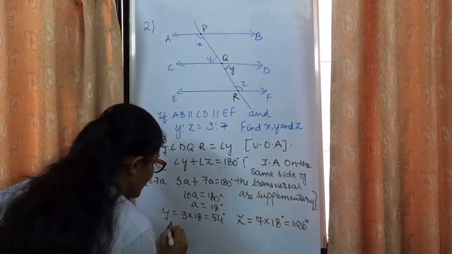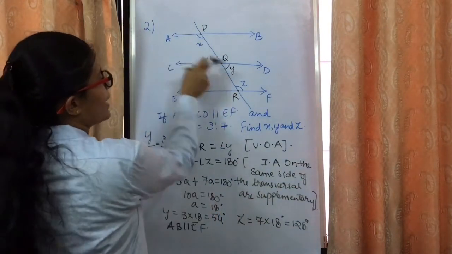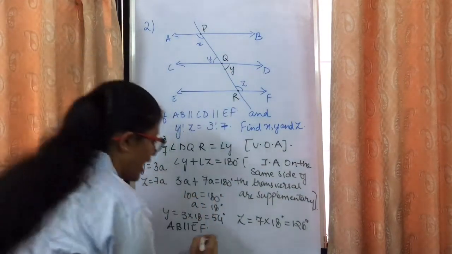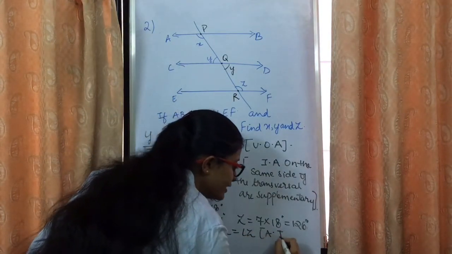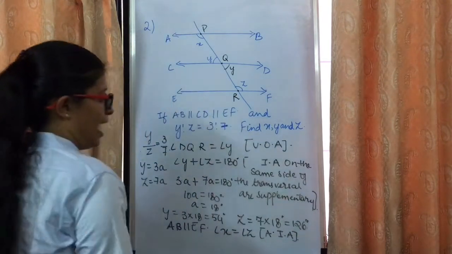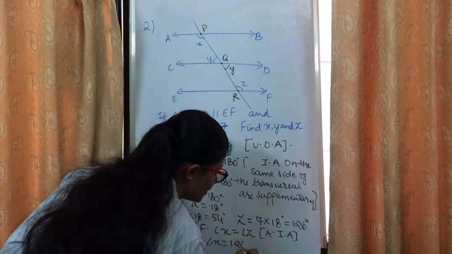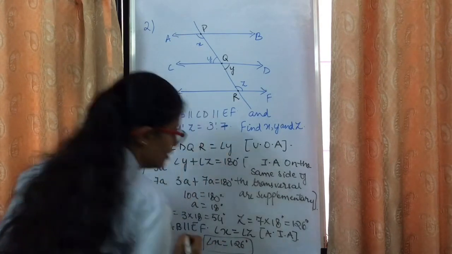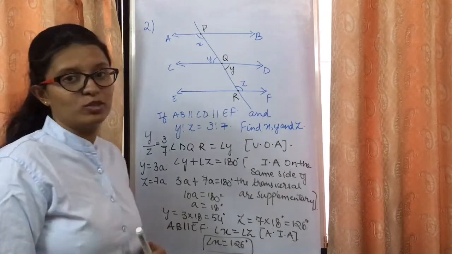If AB is parallel to EF, and x and z are alternate interior angles, then angle x is equal to angle z. Alternate interior angles. And angle x is equal to angle z, so angle x is 126 degrees. I hope such kinds of problems are clear.